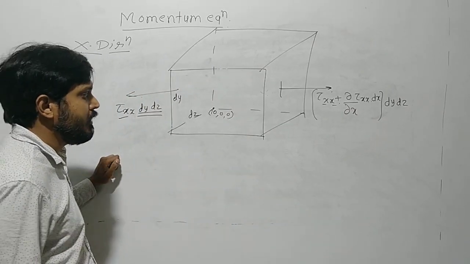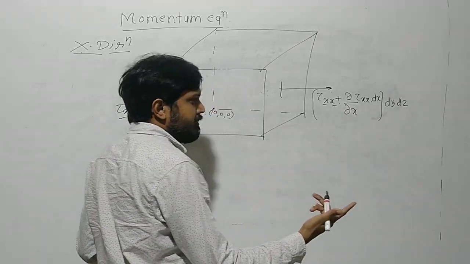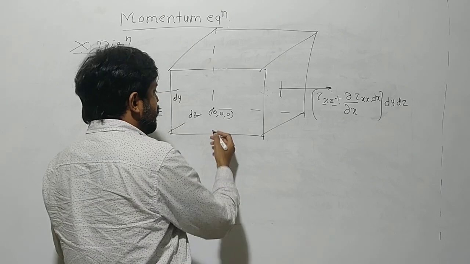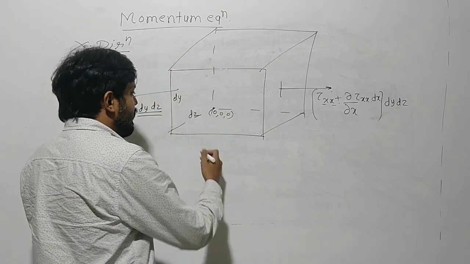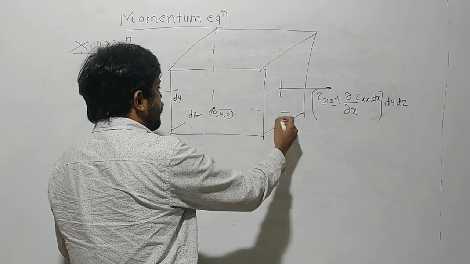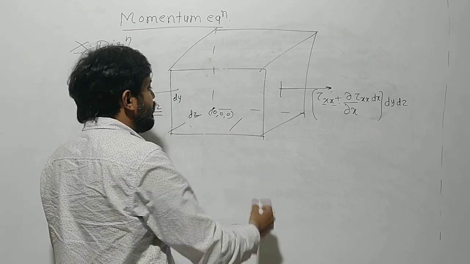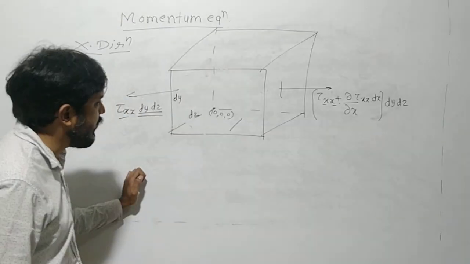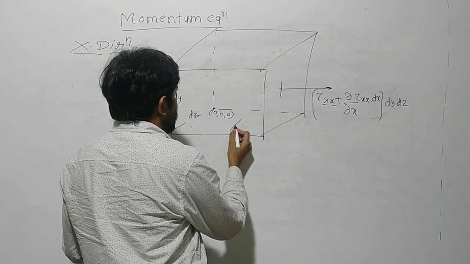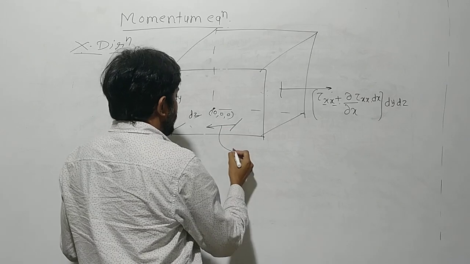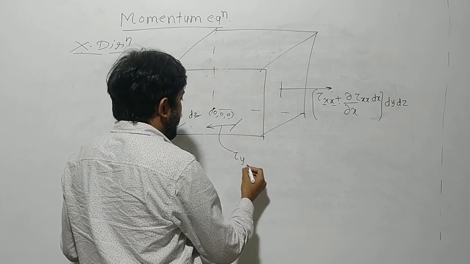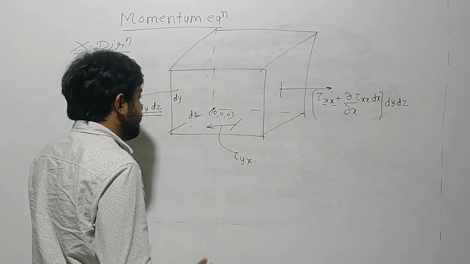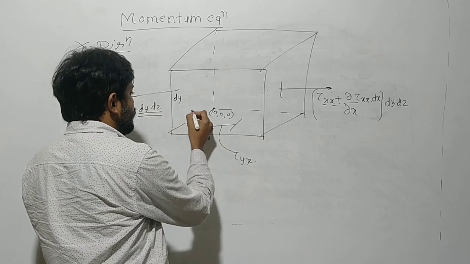Second important thing is the y plane and x direction. Where is the origin? Origin is here. So the y plane is where? This will be your bottom one, the y plane. So here we have tau yx, and the surface area is dx into dz.